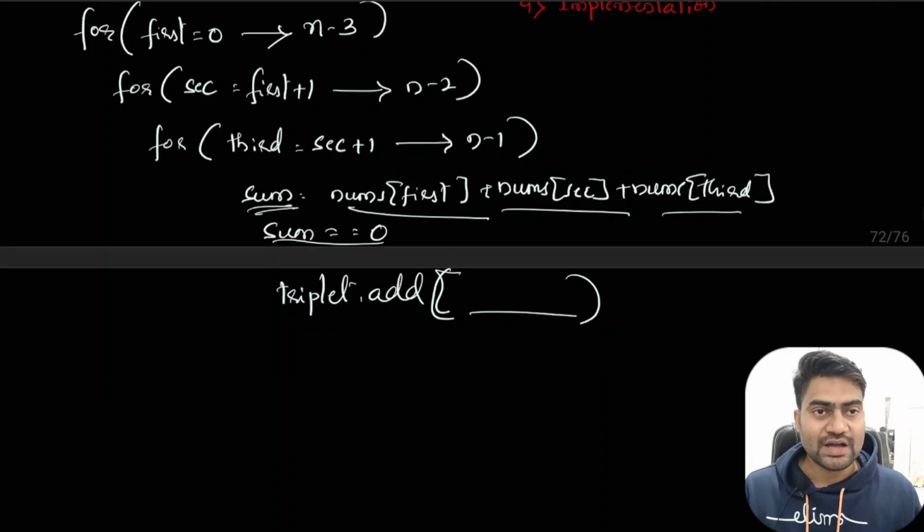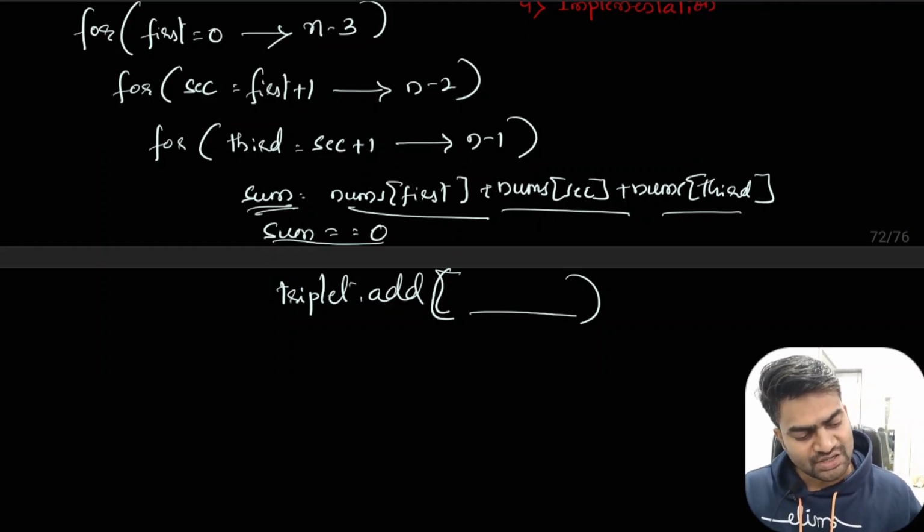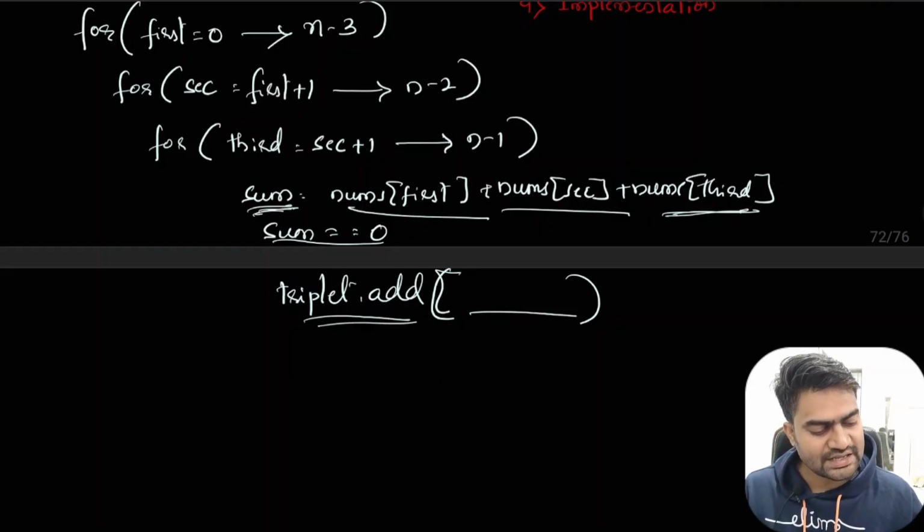So this is how we use the extreme naive way to compute all the possible triplets. Also, one thing we need here: after finding this sum, before adding these values to the triplet, I will first sort these triplets. Why? Because I don't want to have duplicate triplets in the list.